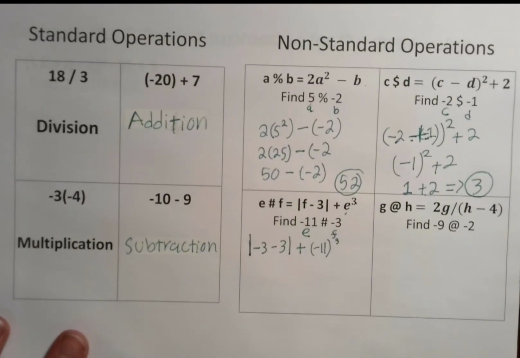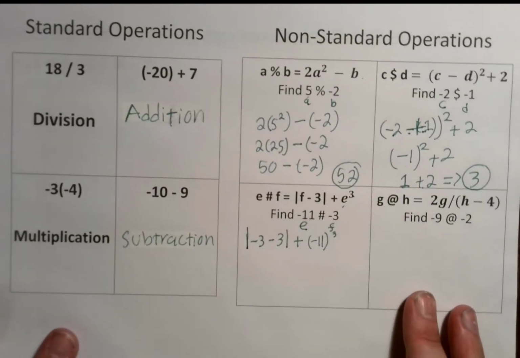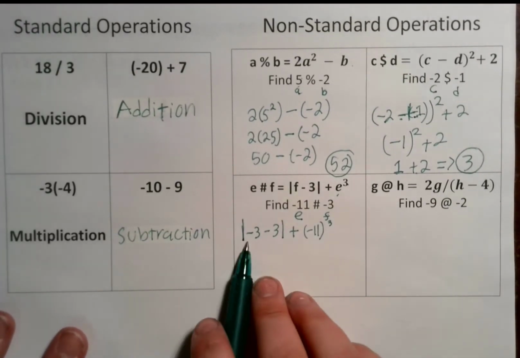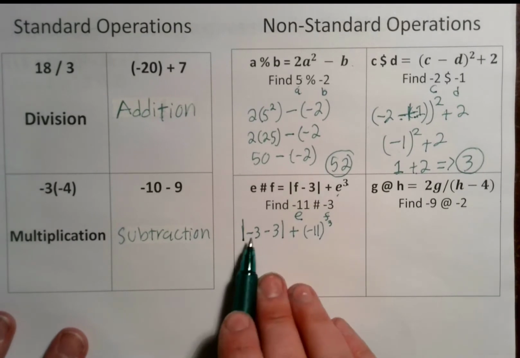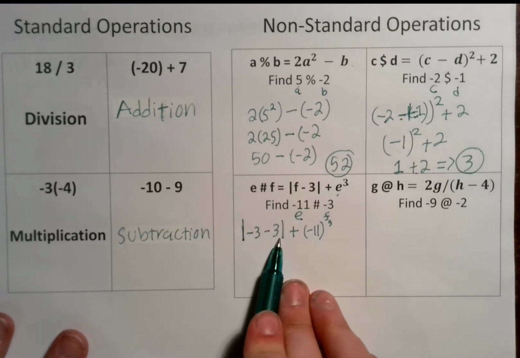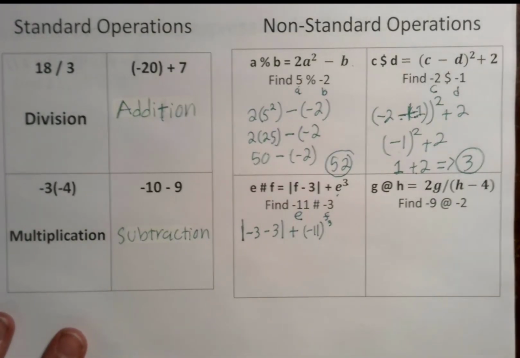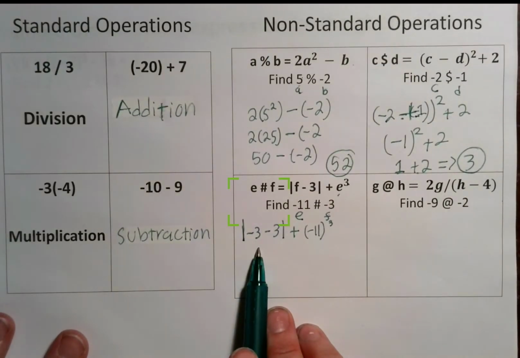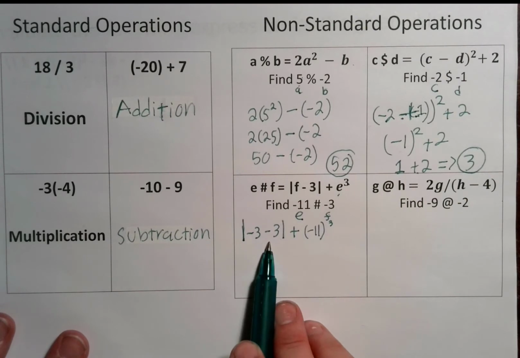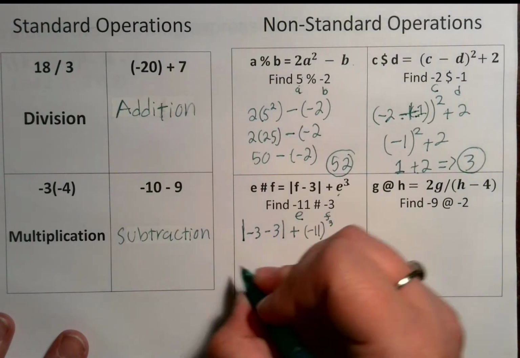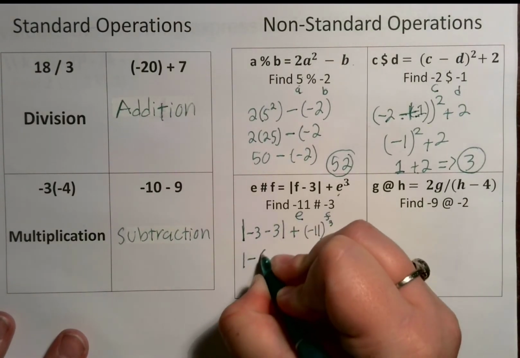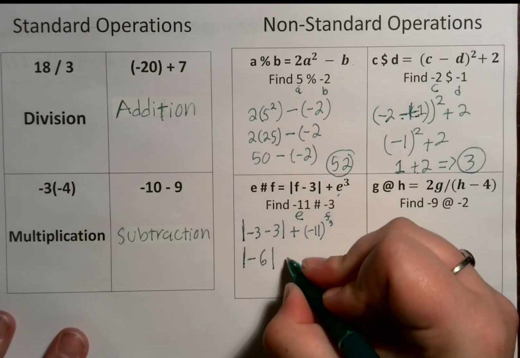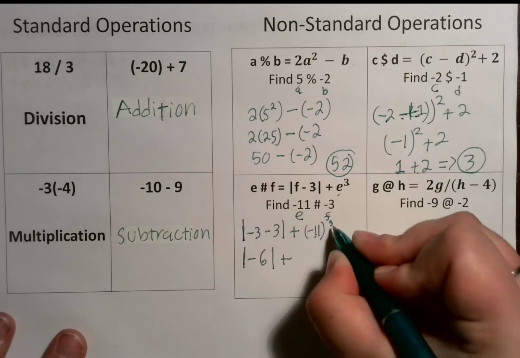Move this in just so we can see a little bit easier. All right. So we're going to work our grouping symbols first. Remember, absolute value is a grouping symbol. So negative 3 minus 3, that's a negative 6, plus negative 11 cubed.